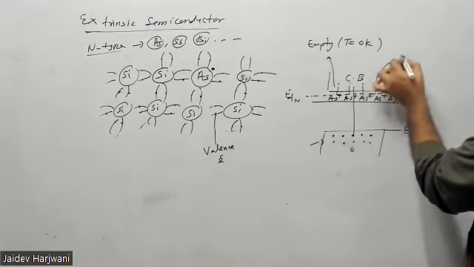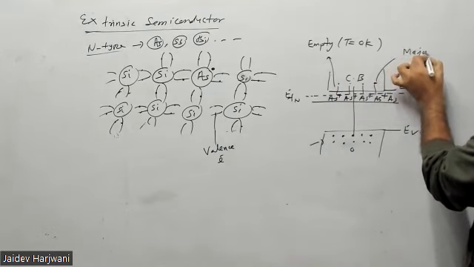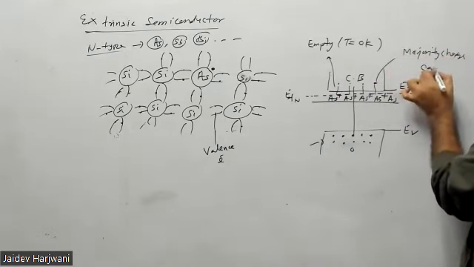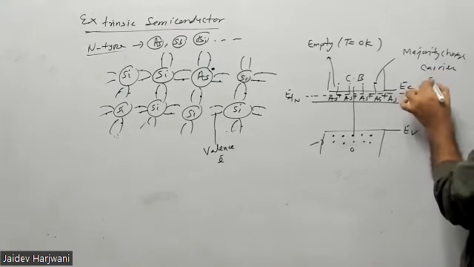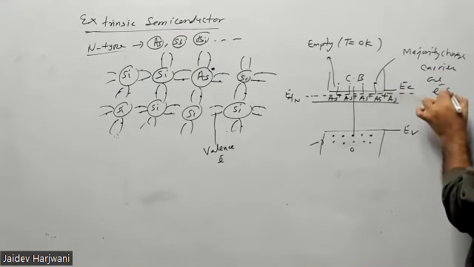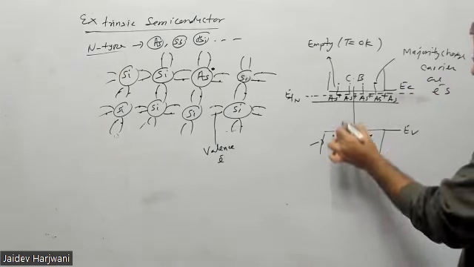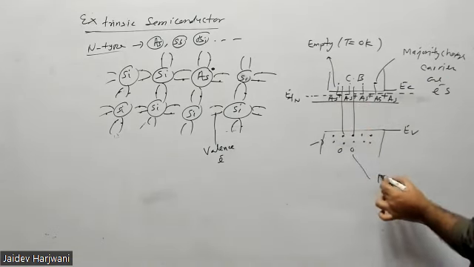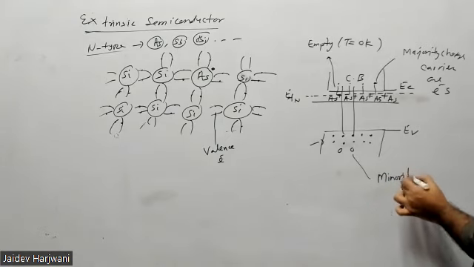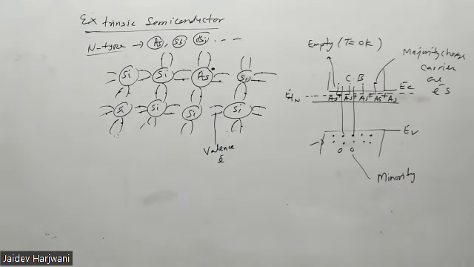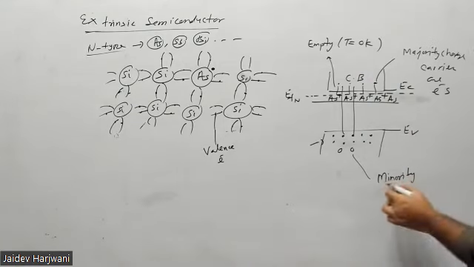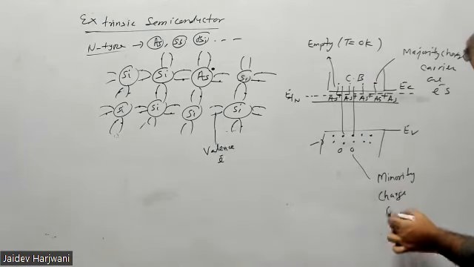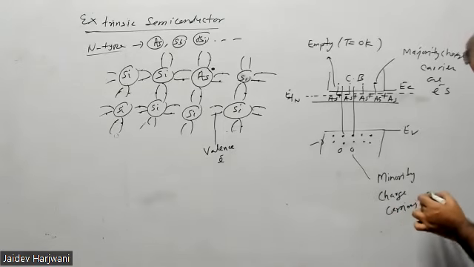So in an n-type semiconductor, the majority charge carriers are electrons. Of course, some electrons can also come from the valence band, so you will have holes, and these are minority charge carriers. They can also flow and produce current. These are called holes.